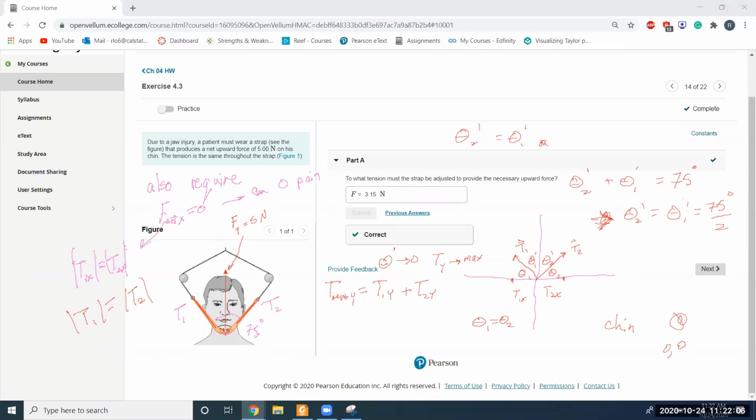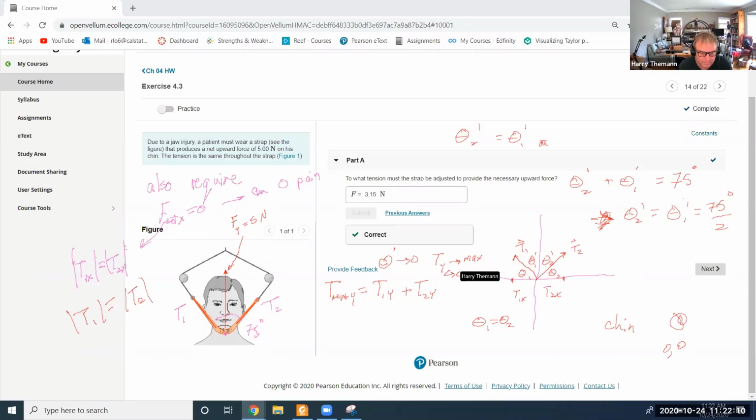So that just means we need cosine. So we need to have T1 cosine of theta prime plus T2 cosine of theta 2 prime equals 5 newtons.